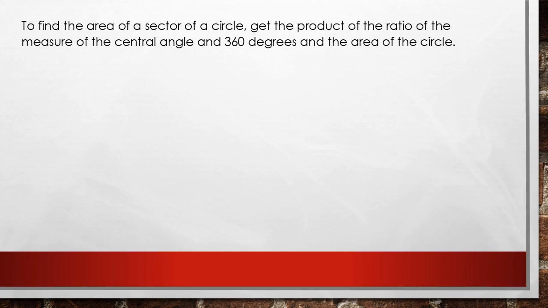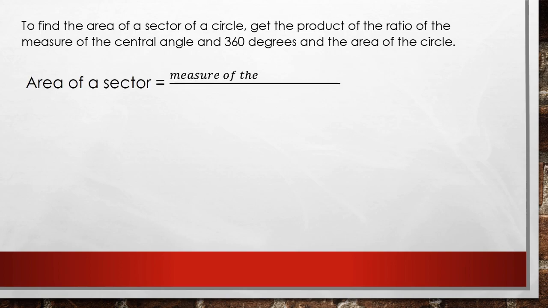Kaya, we need to know the ratio of the measure of the central angle and the 360 degrees. And then after that, we multiply it with the area. So in symbol, the area of a sector is equal to the measure of the central angle over 360 times pi r squared.